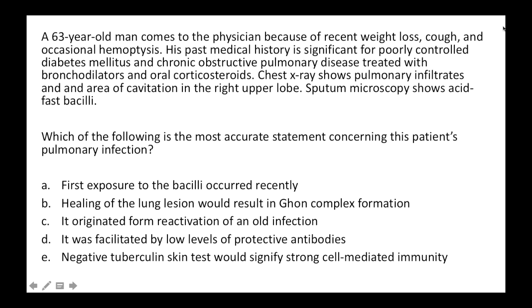Sputum microscopy shows acid-fast bacilli. Which of the following is the most accurate statement concerning this patient's pulmonary infection? First exposure to the bacilli occurred recently. Healing of the lung lesion would result in Ghon complex formation. It originated from reactivation of an old infection. It was facilitated by low levels of protective antibodies. Negative tuberculin skin test would signify strong cell-mediated immunity.